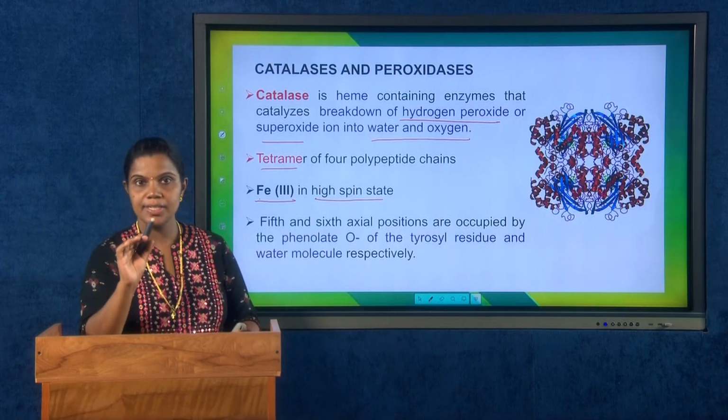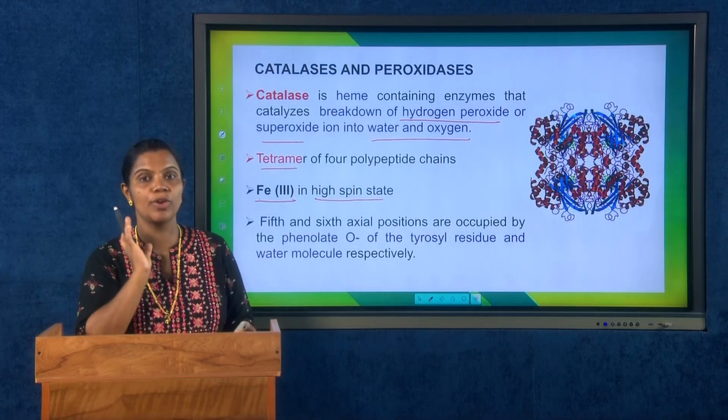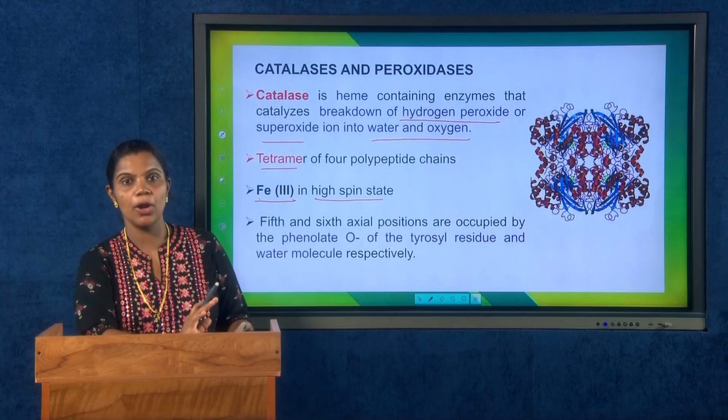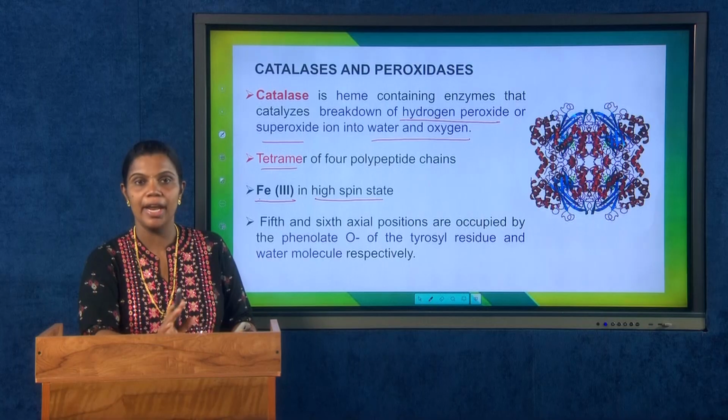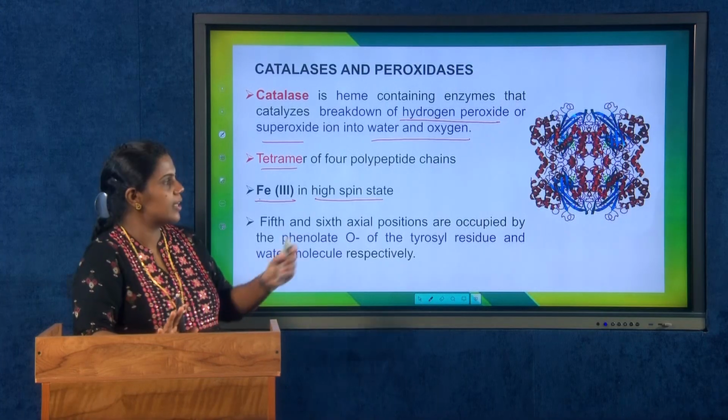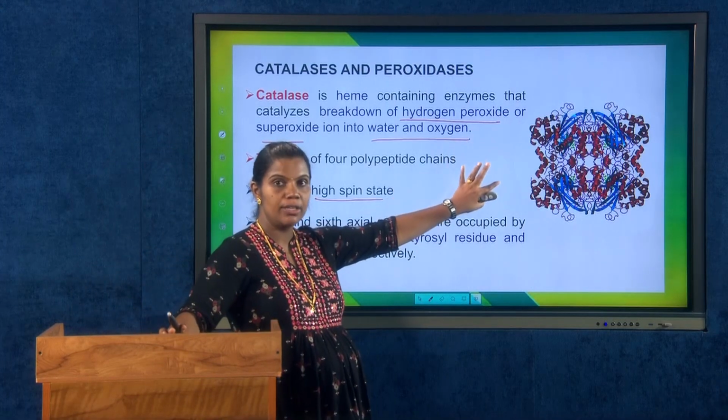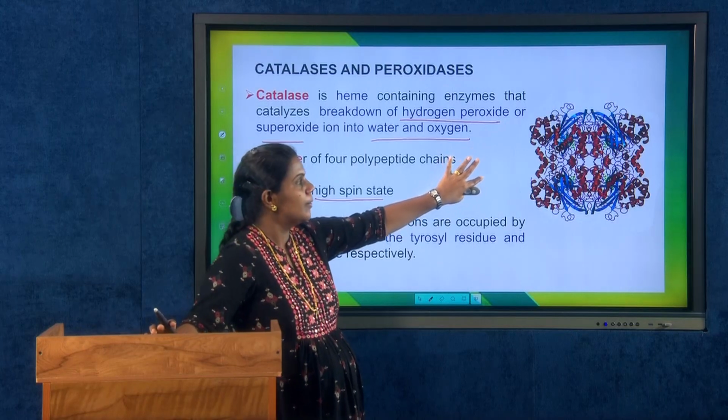Catalase breaks down hydrogen peroxide and superoxide into the less harmful products, water and oxygen. It is a tetramer, and you can clearly see the protein structure of the enzyme.